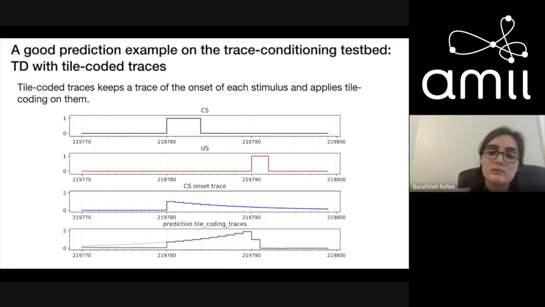And so at CS onset, it has its maximum value, and then it goes down. And if you look at the prediction for tile coding traces, you can see that the prediction is quite good. It starts rising at the CS onset and keeps increasing as we approach the US, and then goes down.